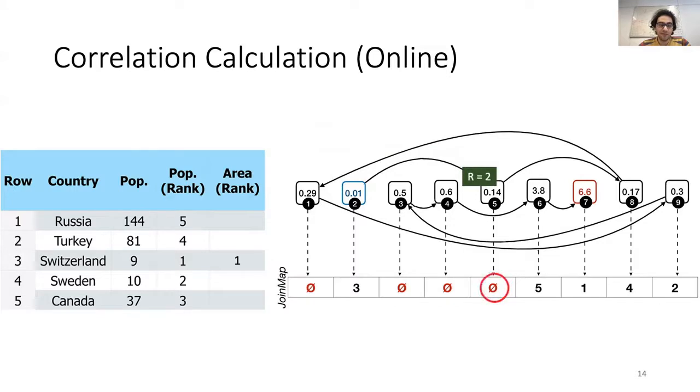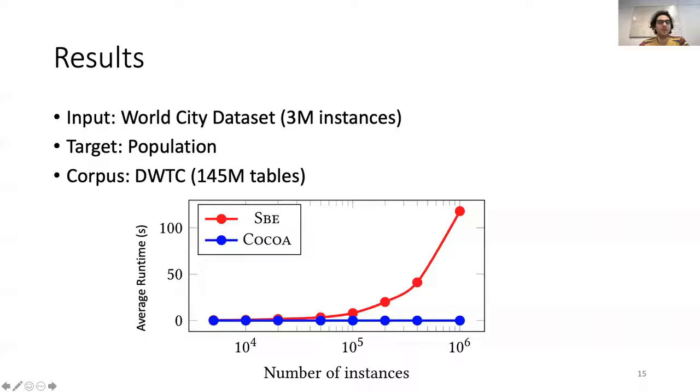If there is no candidate joinable row, the algorithm follows the index without increasing the rank. COCO traverses through the index once and obtains the ranks in linear time. And obtaining these ranks, now we can calculate the correlation in linear time.